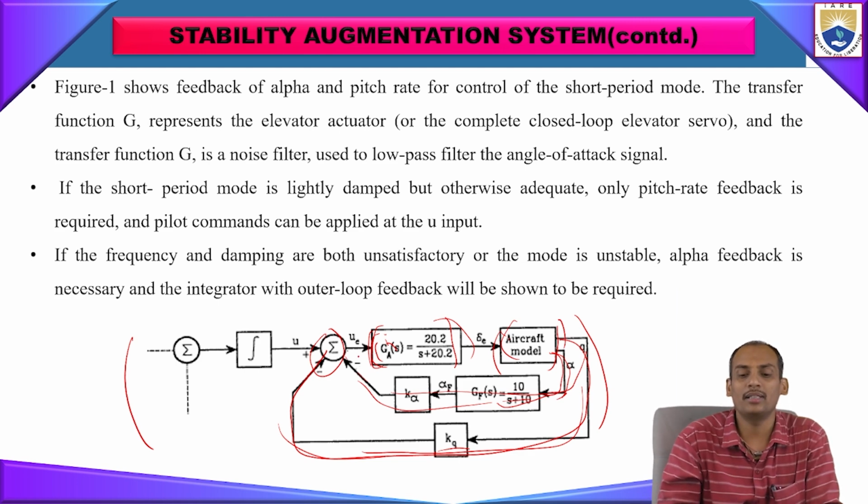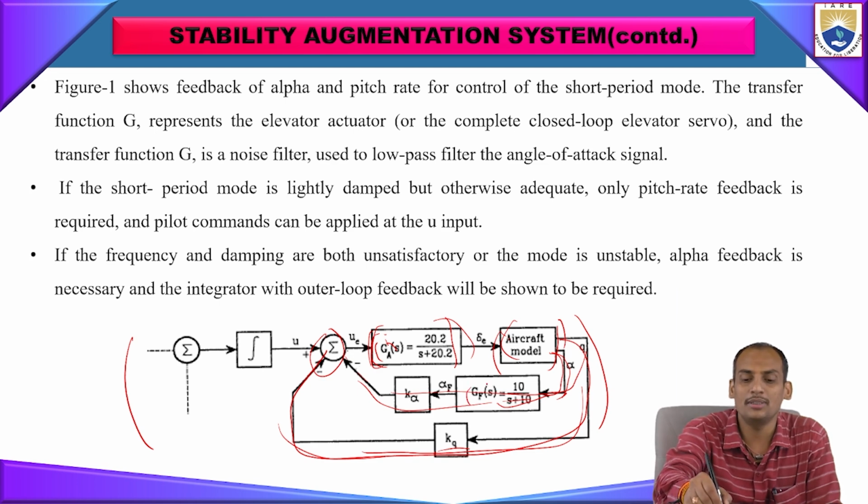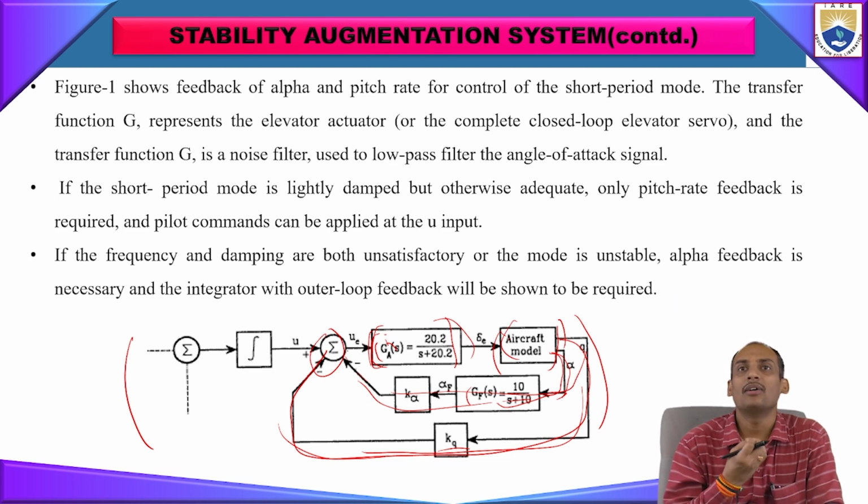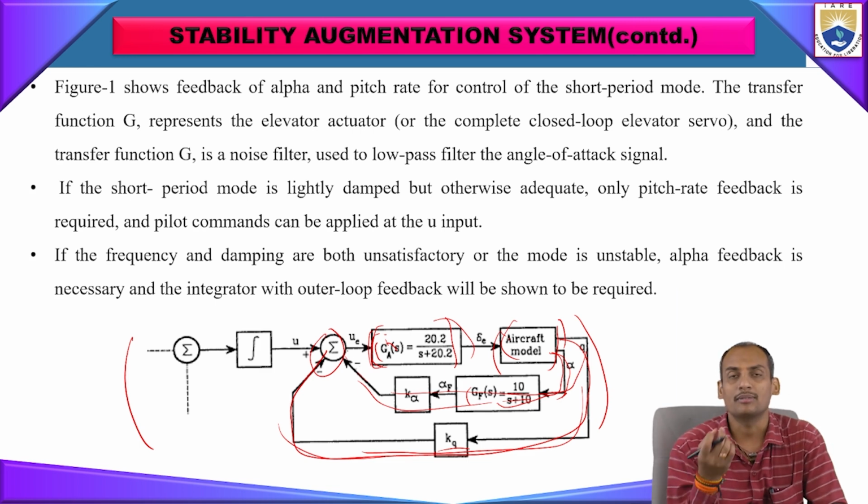The G feedback function and the G function will give you the elevator servo control, and the noise filter and low pass filter on the angle of attack signal will also compensate.